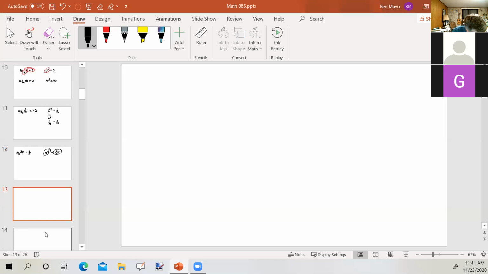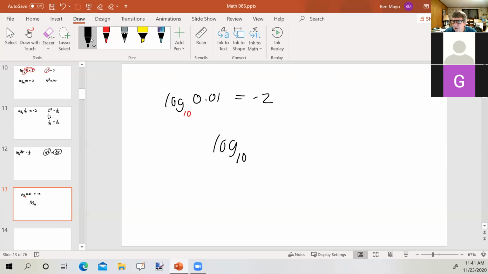Now, this says log 0.01 equals -2. There's something missing. What's missing from this problem? A base. A base, right. Now, log base 10 is commonly used. It's one of the most commonly used bases involving logarithms. So common that mathematicians, who are often efficient, use some shortcut notation.